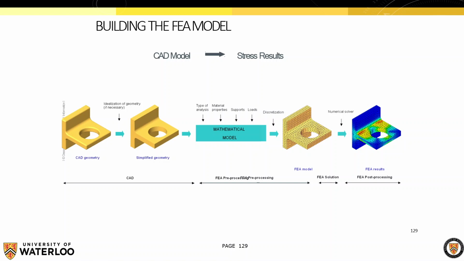It could be the thermal properties, electromagnetic properties, mechanical properties, or fluid mechanics properties. It really depends on the domain of problem that you're looking at. And then you need to look at the boundary conditions, the supports and the loading. Supports mean how this particular bracket is being held, and how the load is being fed into it. In this case, this is just a static problem.